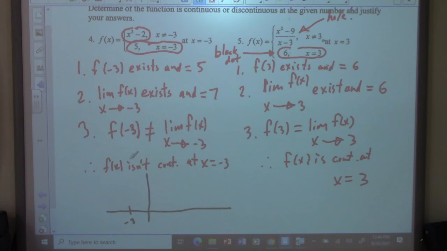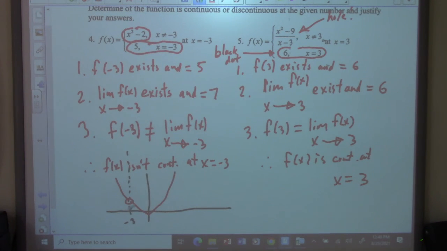So x equals -3 is right here, and the function is going to go something like this. The function rule comes like this, but not right at exactly -3. So there's a hole right here. Then the thing comes down like this, and then goes up like this, right?